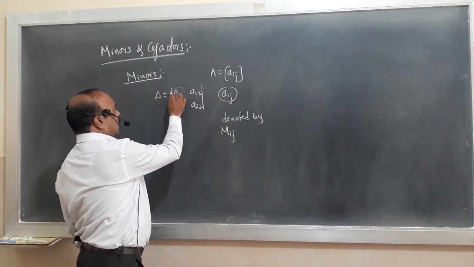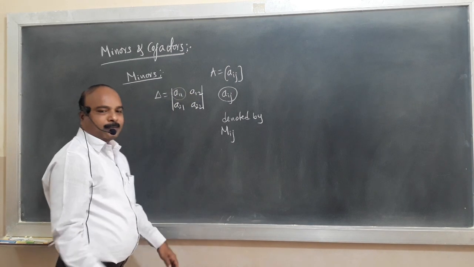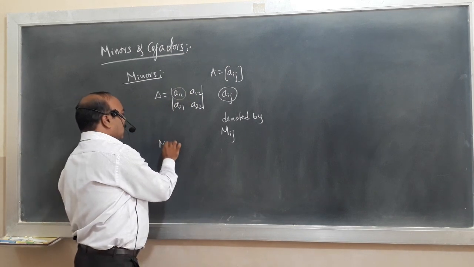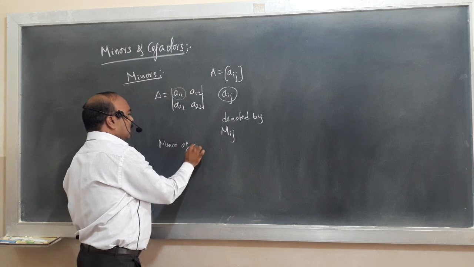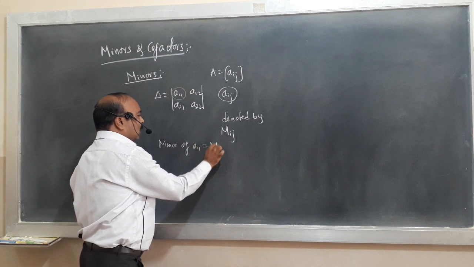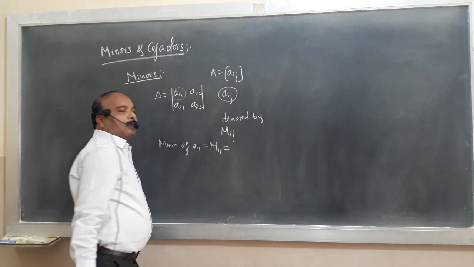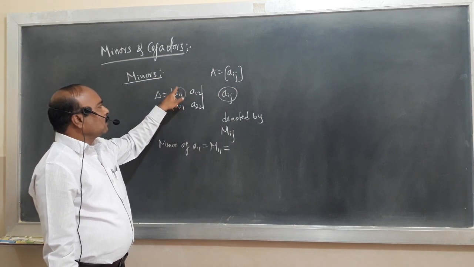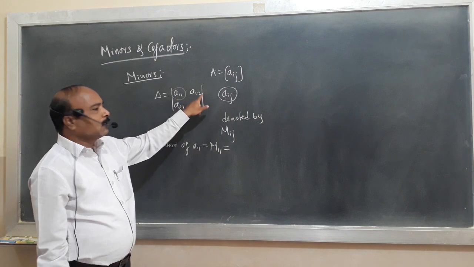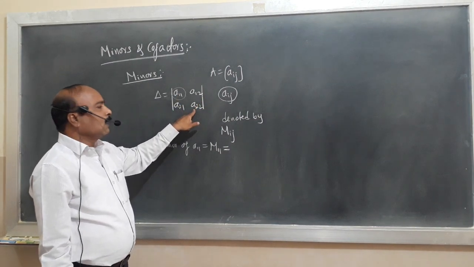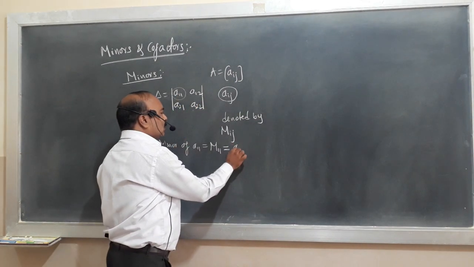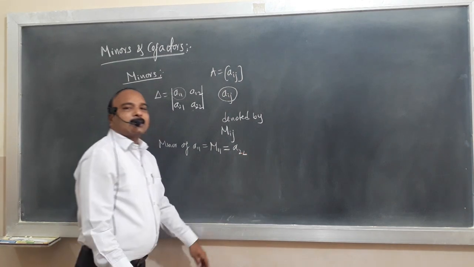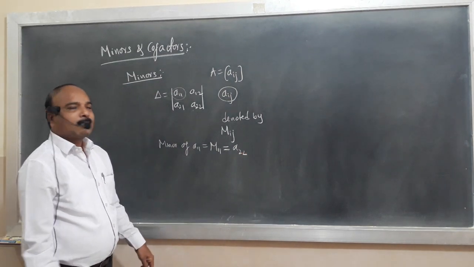Now, if you want the minor of the element A11, it is given by M11. How can you find M11? We take the determinant by deleting this column and this row. We get only one element, that is A22. It is called the minor of the first element.